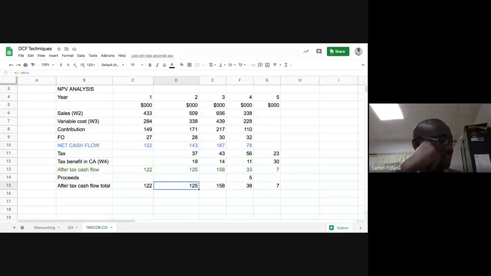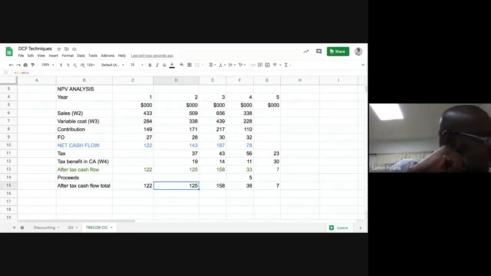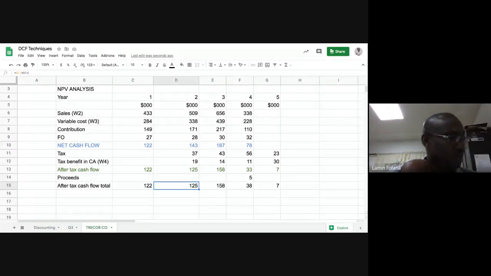The discounting rate is not given to us because what we're supposed to find is the nominal rate. What is given to us is the real rate and the inflation rate.